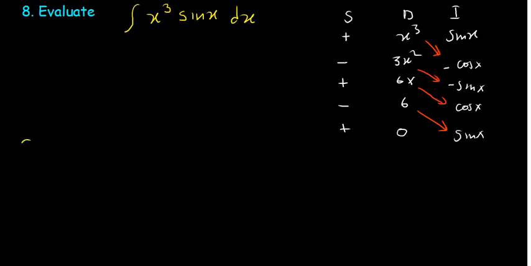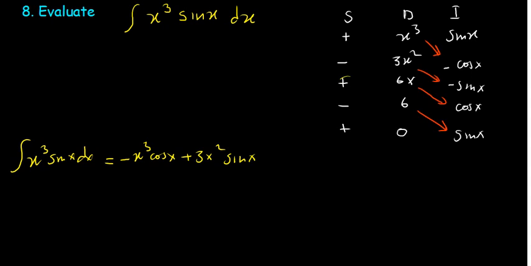So what we are saying is the integral of x to the power 3 sine of x dx is going to be equal to, we have x to the power 3 multiplying with negative cosine, that is going to be negative x to the power 3 cosine of x, and then we have a negative multiplying by this and also with a negative, so that becomes positive 3x to the power 2 and then sine of x.